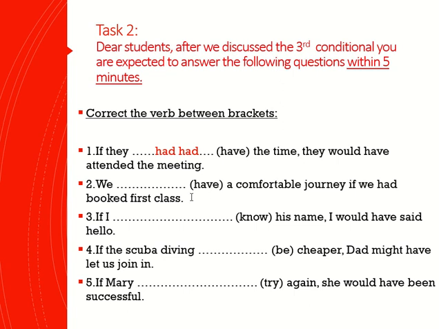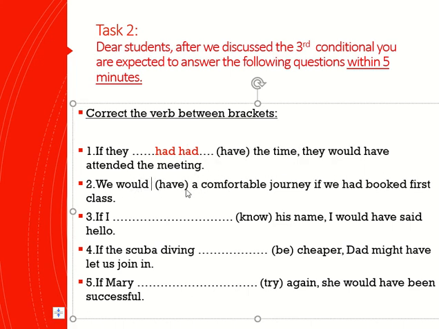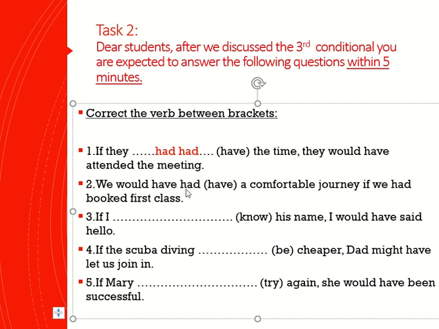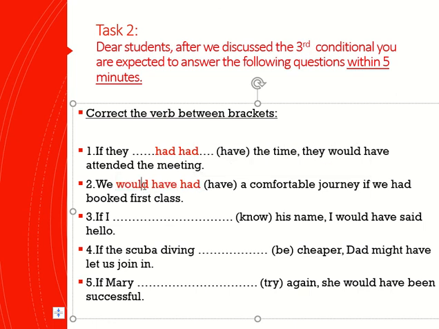We have had plus verb 3, and in this part we have to put what? Yes, would have. What is the verb 3 of have? Again, had. So we would have had, we might have had, we could have had. You can use one of these modals: would, could, or might.